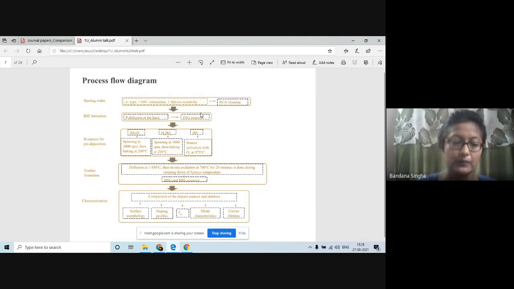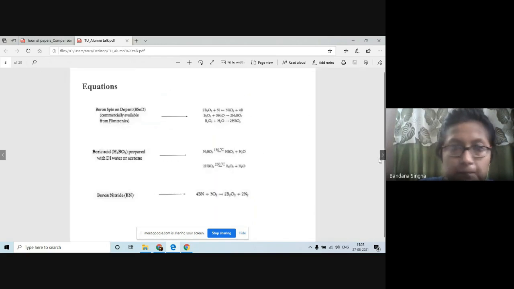While ramping down the diffusion process, it's a mandatory step to carry out in situ oxidation at 700 degrees Celsius for 20 minutes, so that the boron in the boron rich layer interacts with the oxygen and forms boron oxide, which can be removed by dipping it in 2% HF solution. There are several techniques which we will be discussing here.